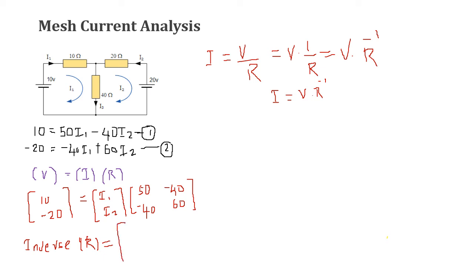So the inverse of the R matrix is equal to here 60, minus 40, minus 40, 50. Here we don't need to put minus, so 60, 40, 40, 50.